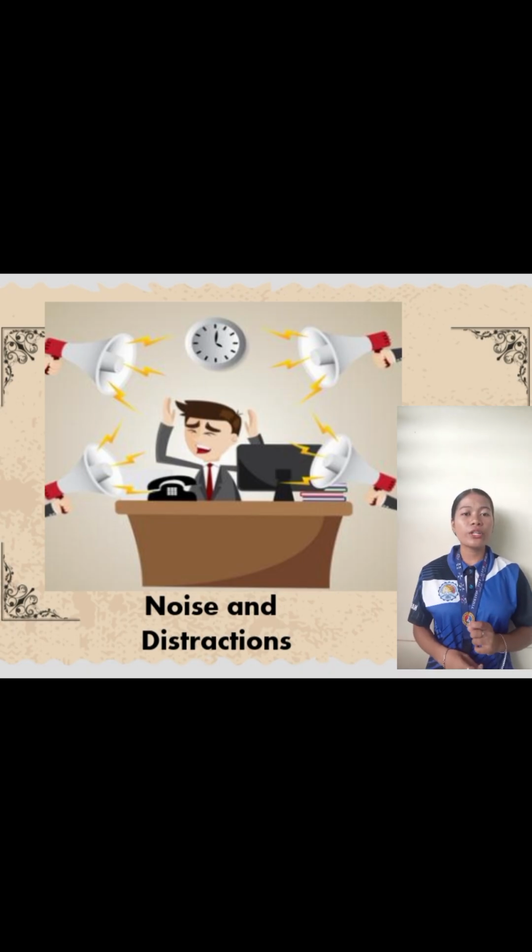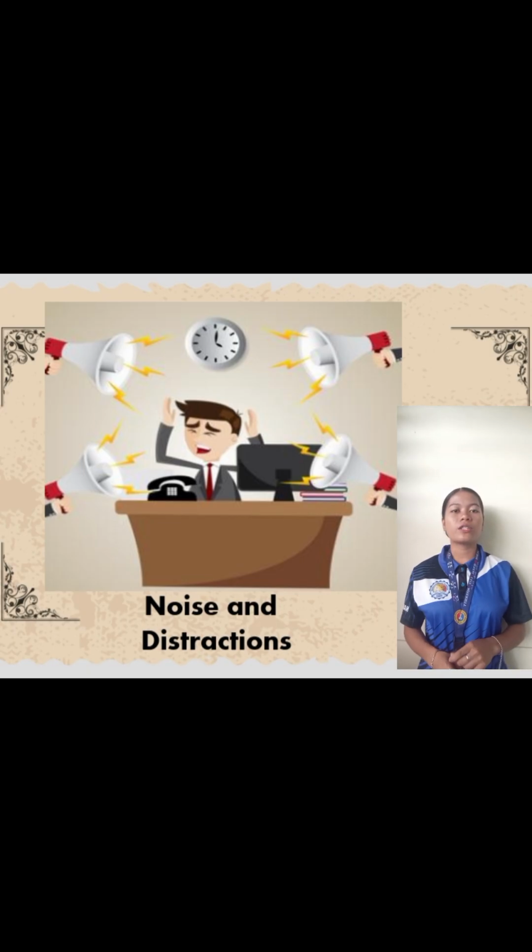To overcome noise and distractions, teachers need to create a structured, well-managed classroom environment. Simple strategies include setting clear rules, arranging seating to reduce side conversations, and keeping the classroom organized to limit visual distractions.